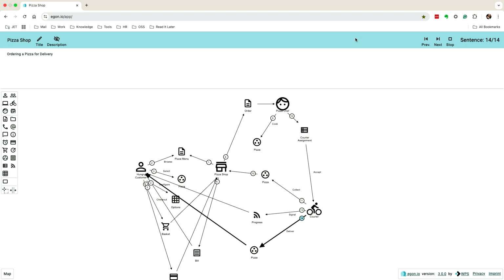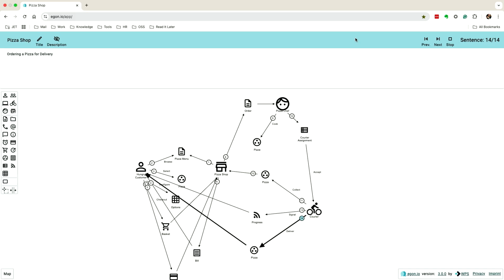So that's a fairly, I mean, obviously your real world examples would be much more complicated than this, but we would just get lost in the detail. But you can see how it's quite neat in the sense that we have this notion of a customer, the customer's dealing with work objects like browsing a pizza menu, selecting a pizza, configuring a pizza, checking out a basket.